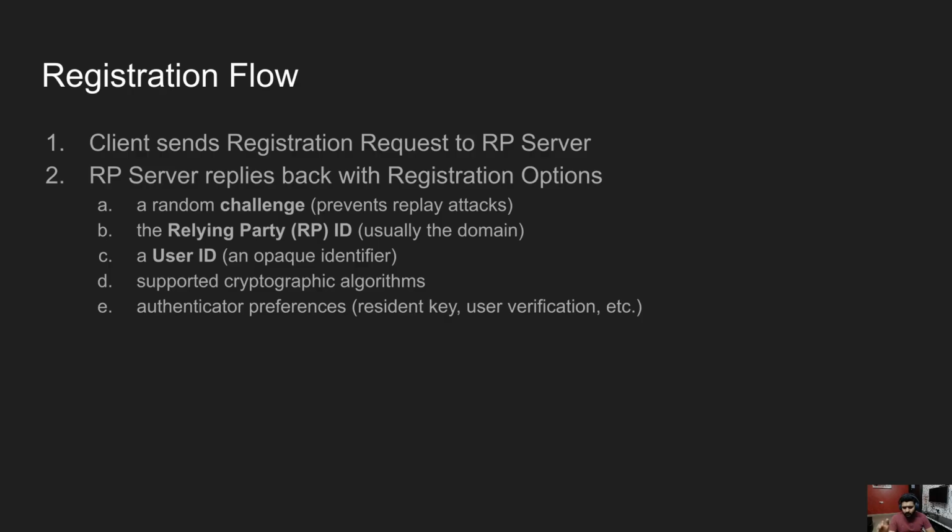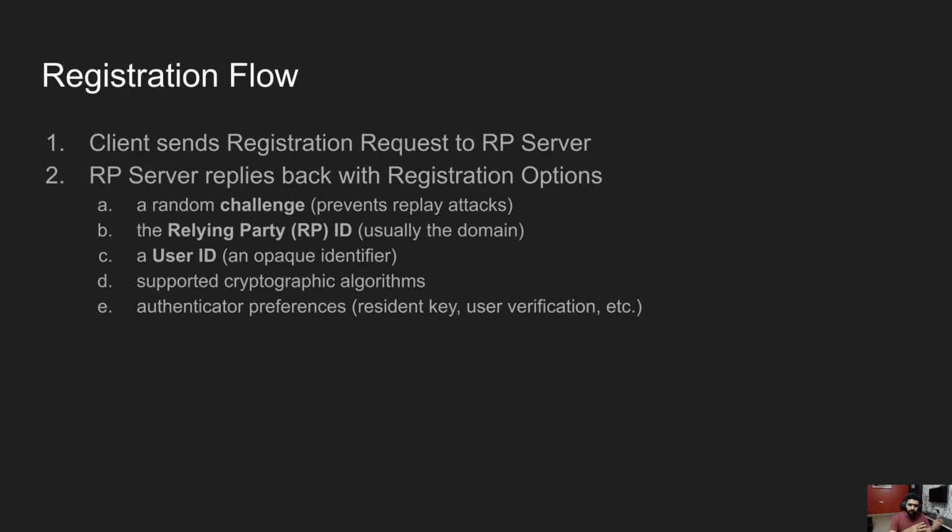These are the steps. First, the client sends the registration request to the relying party server. Then the relying party server replies back with registration options. In the registration options, we mostly have these things: a random challenge, which will be used by the authenticator to sign, and the RP ID, the relying party ID.